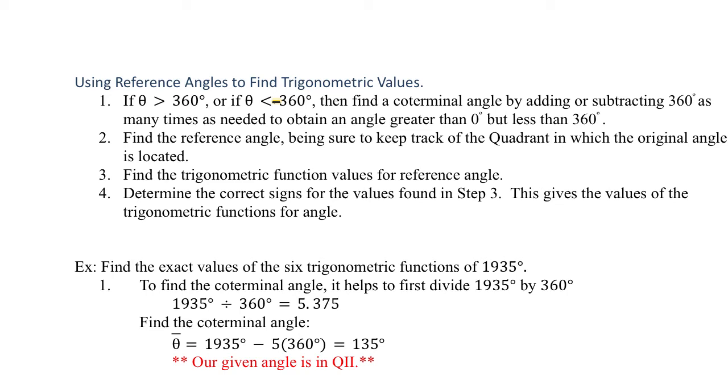Let's say that I am given an angle of 1,935 degrees. First I want to simplify that. I'm going to divide by 360 just to see how many full rotations there are.